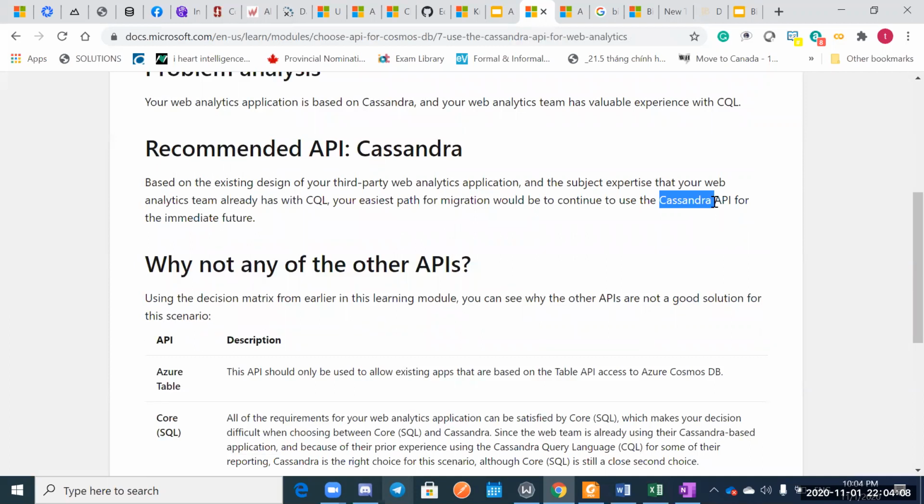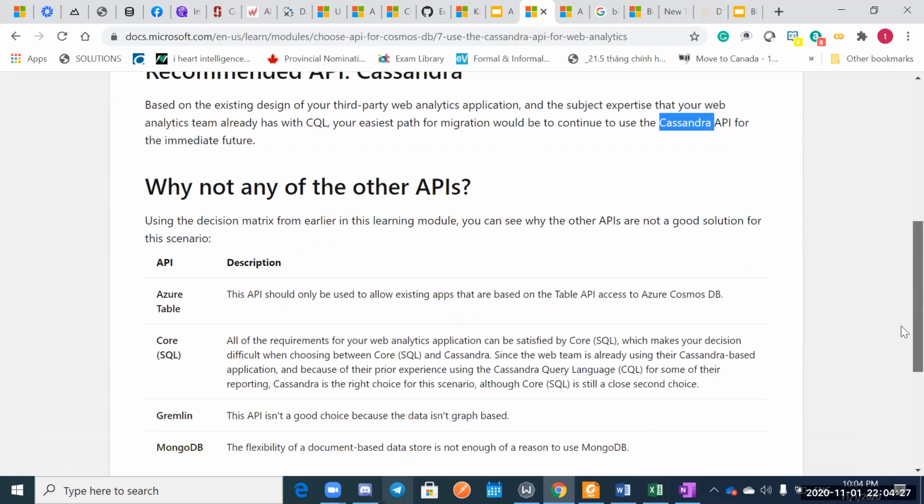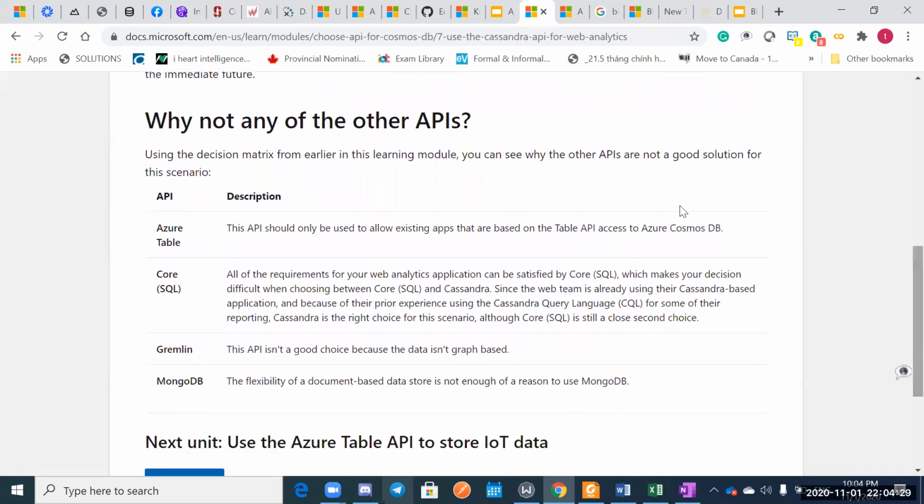The application already uses Cassandra, so we need to continue to use Cassandra to avoid downtime, avoid migration, avoid failure, and avoid downtime from switching between APIs. So that's why, again, we need to use Cassandra.